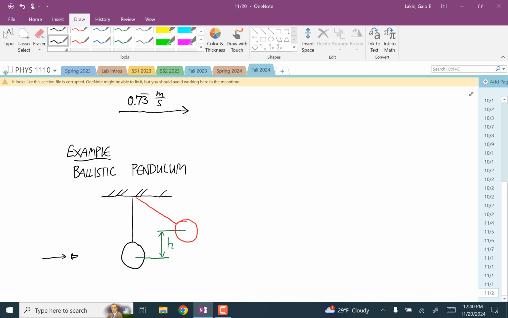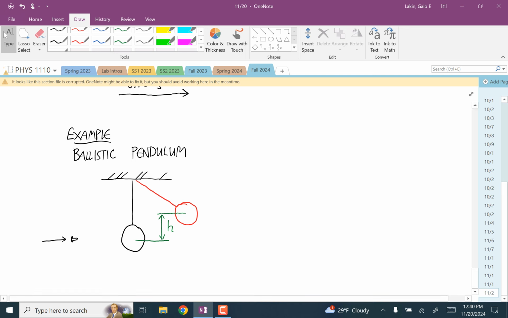So then once you know what the change in height is here, you can go back and use conservation of linear momentum and conservation of mechanical energy to figure out how fast that bullet was going when it hit the block. Okay.